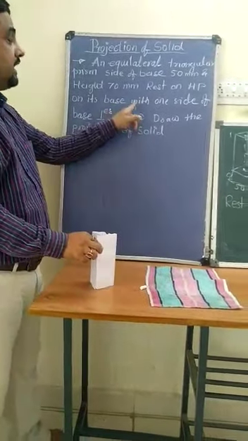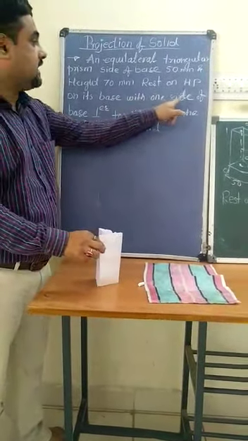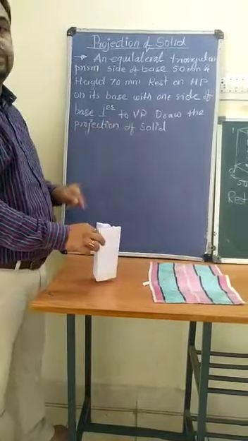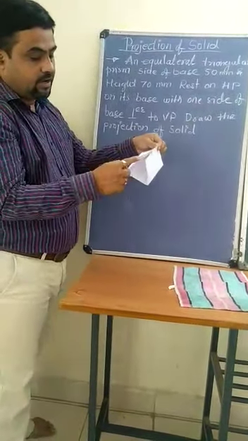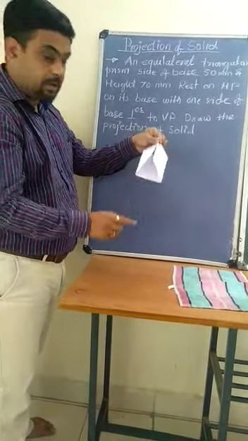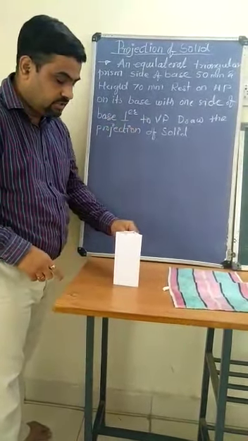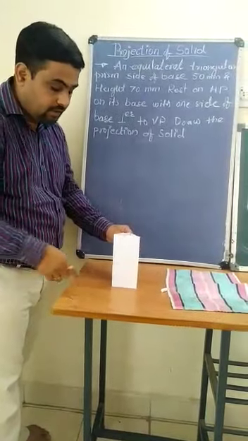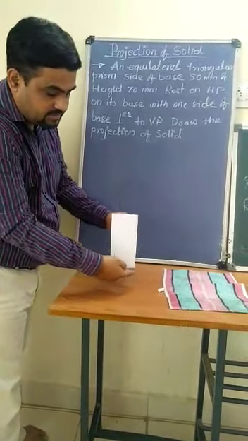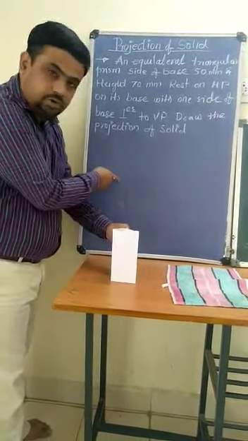Now the condition is given: with one side of base perpendicular to VP. That means you can't position this solid like that. Why? Because in this case this side of base is parallel to VP.